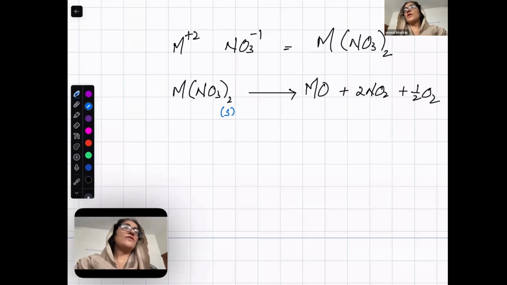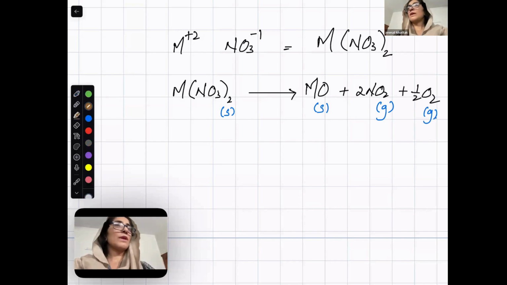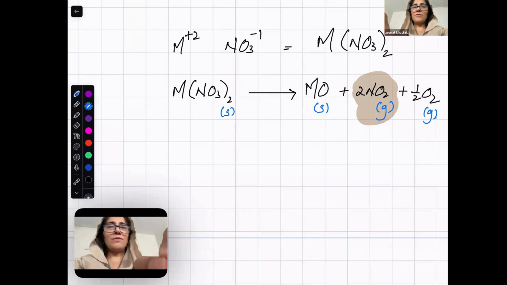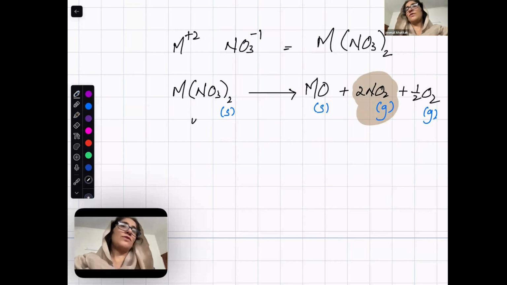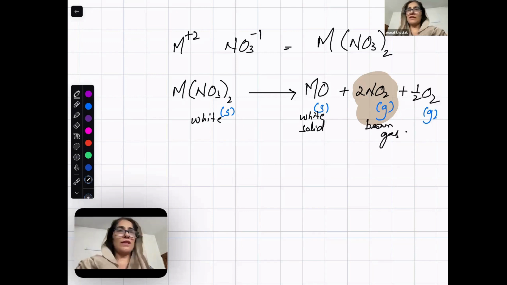This is a white solid that remains, brown gas, colorless gas. This is the brown gas. And what are you supposed to write? White solid remains and brown gas. You can't see oxygen, it's colorless.